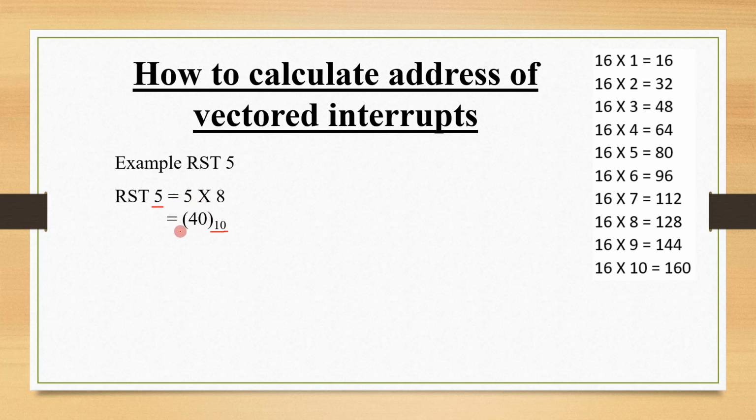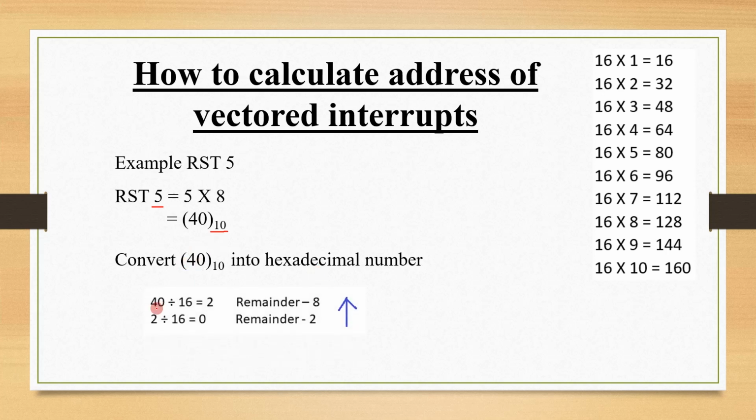5 8s are 40. We will have to convert this decimal number into hexadecimal. How do we convert a decimal number into hexadecimal? We divide the decimal number by 16. So we will divide 40 by 16 and we get 16 2s are 32. The remainder is 8.